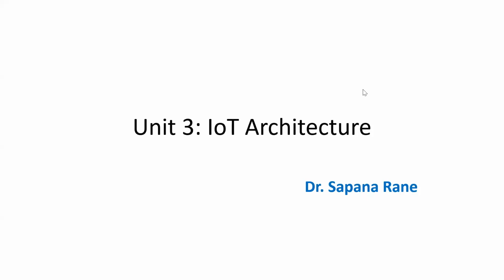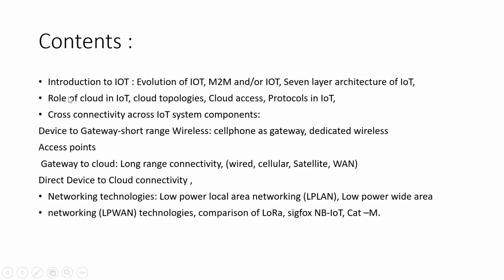In this chapter we are going to study evolution of IoT, M to M, IoT, comparison of these two, M2M and IoT, 7-layered architecture of IoT, role of cloud in IoT, cloud topologies and protocols in IoT.